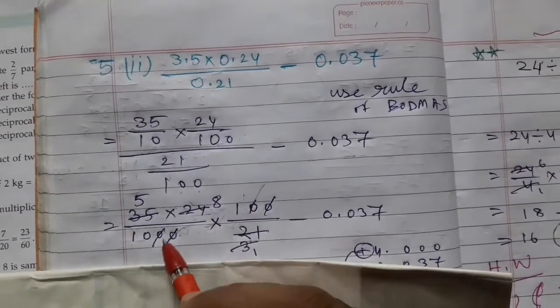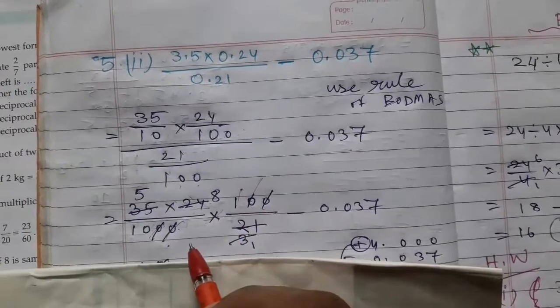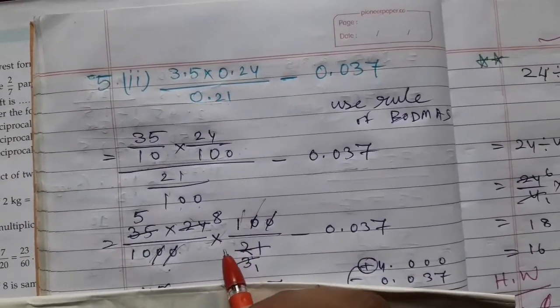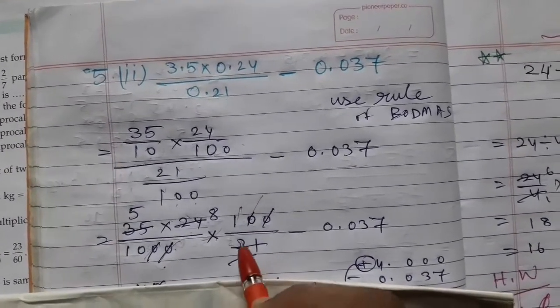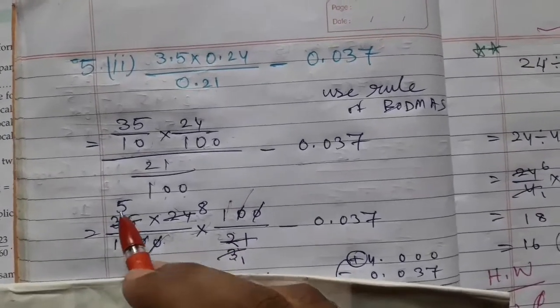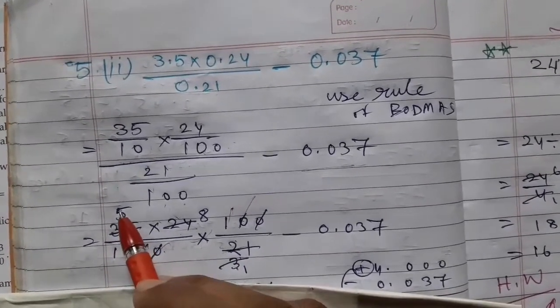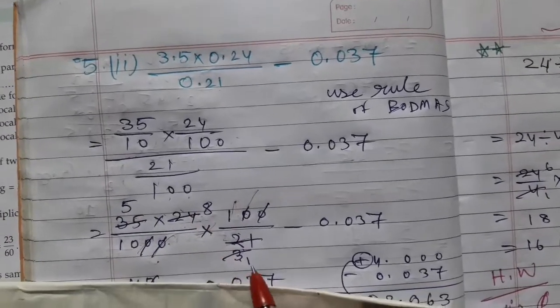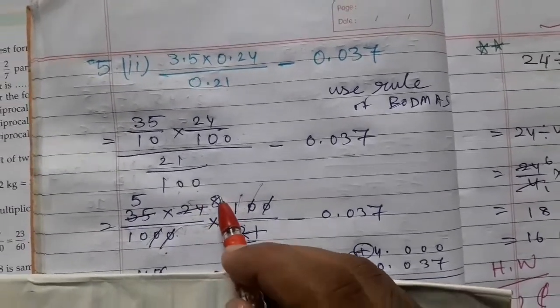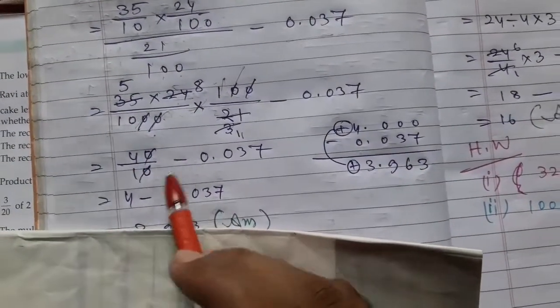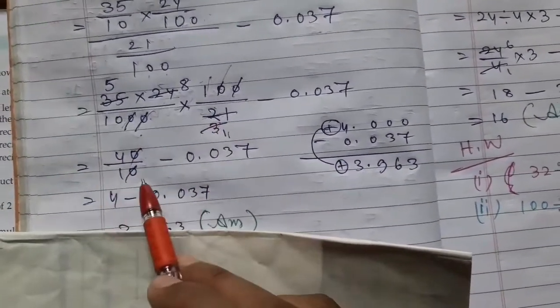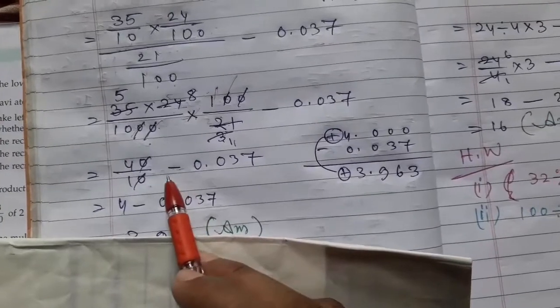Cancel the zeros. 3 times 7 is 21, 3 times 5 is 35... 7 times 5 is 35, 3 times 1 is 3, 3 times 8 is 24, 5 times 8 is 40. Divide by 10, subtraction.